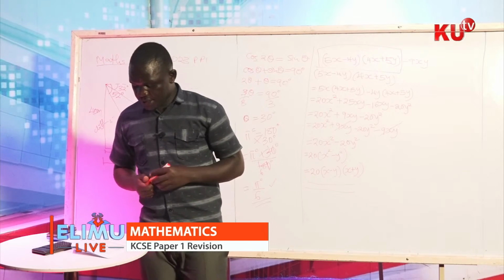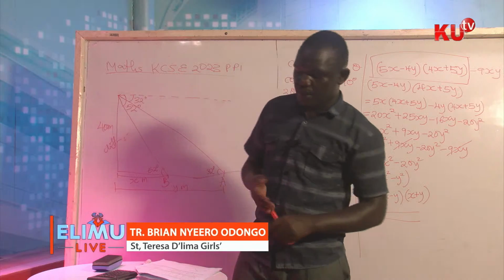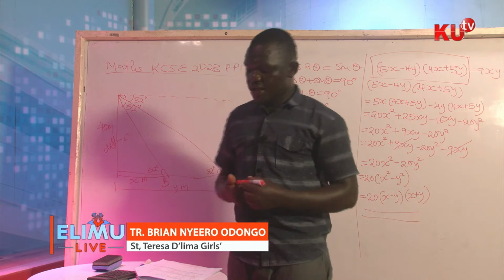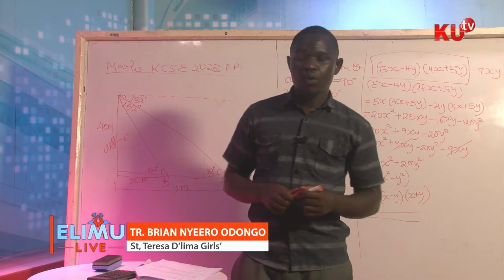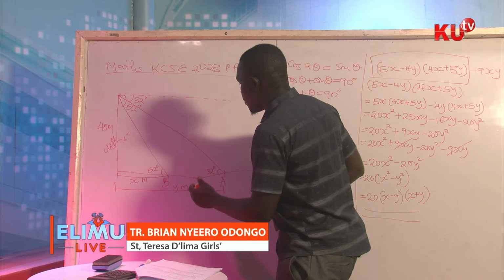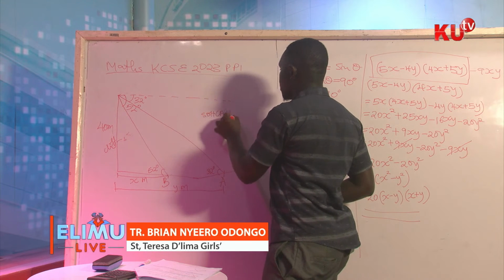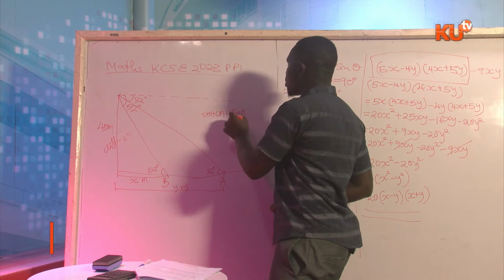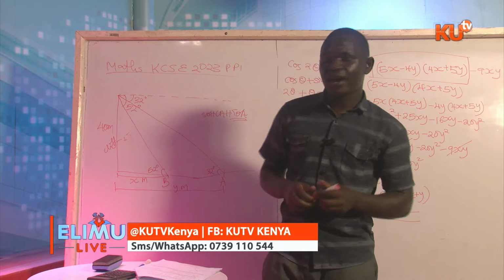Now, you see that here you have to apply the Sohcahtoa concept. And let's get the tan of 52 degrees. Remember the Sohcahtoa: when you talk about tan, the tangent, it is opposite over adjacent.